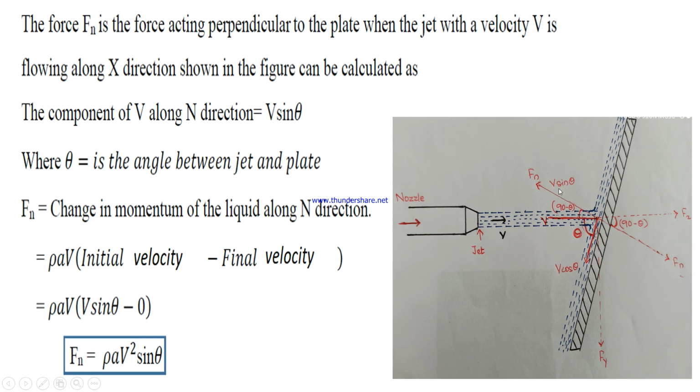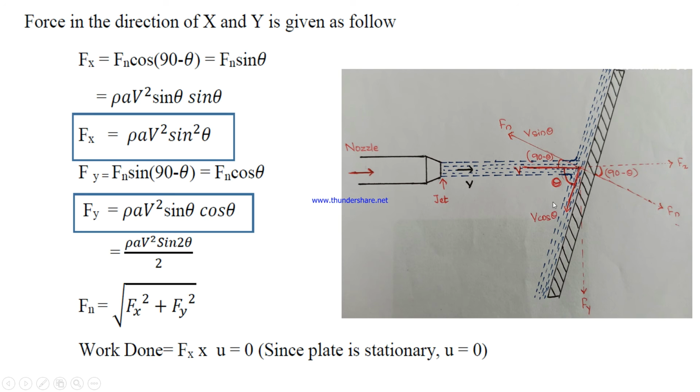Now if you want to calculate the force along the x direction and y direction, the same thing applies. This is the direction of the normal force, Fn, and here we have the force along the x direction, and this one represents the force along the y direction. So here we will solve this.